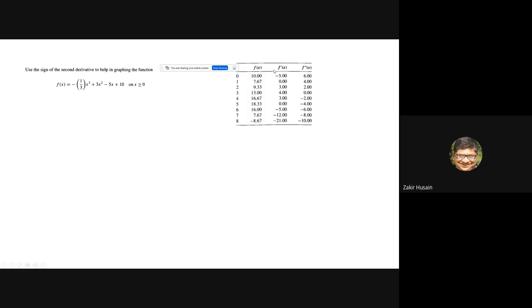Okay. So if we do it till x equal to 8, we will get these values.